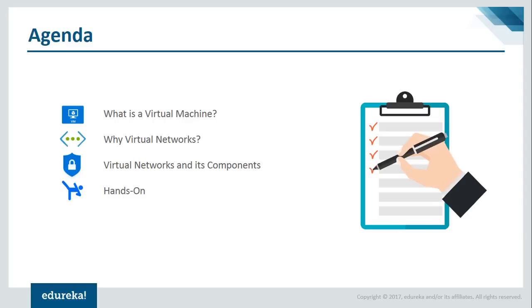Towards the end, we'll do a demo wherein we'll deploy two servers, a web server and a database server, which we'll configure from scratch. We'll deploy them in virtual networks and configure their properties. I hope this agenda is clear to you. Let's start off with the first topic, which is what is a virtual machine.